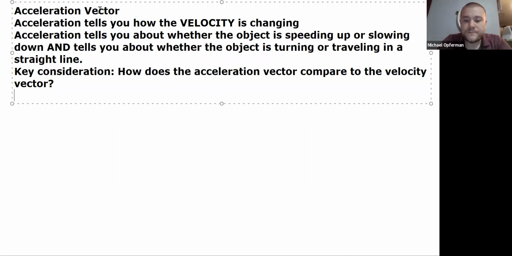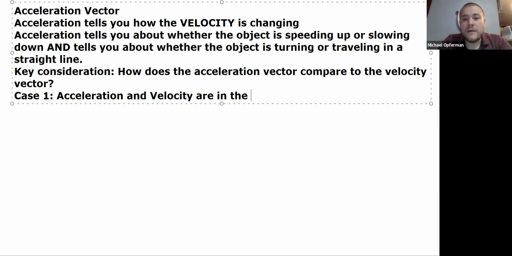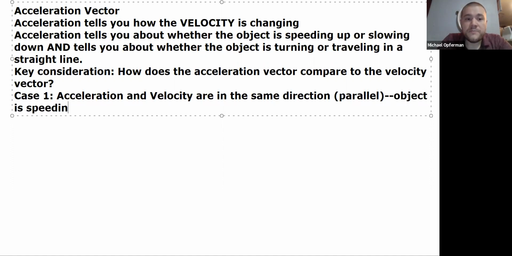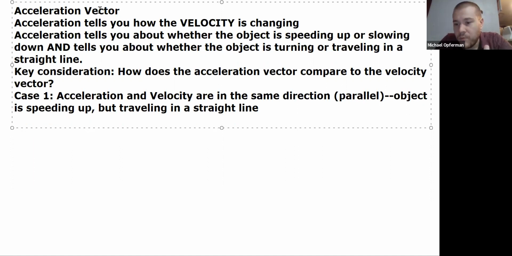So for example, case one: the acceleration and the velocity are in the same direction. Parallel is the way we would say that in vector language. If the acceleration and the velocity are in the same direction, this corresponds to the object speeding up, but traveling in a straight line. I'll unpack these a little bit more once I give you all the cases and you start to see the pattern.